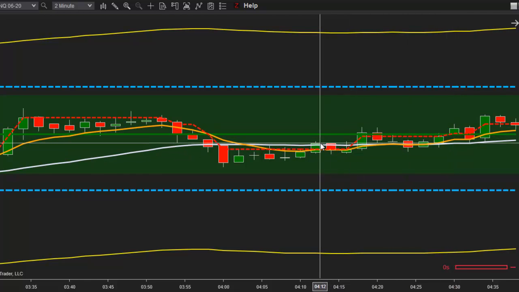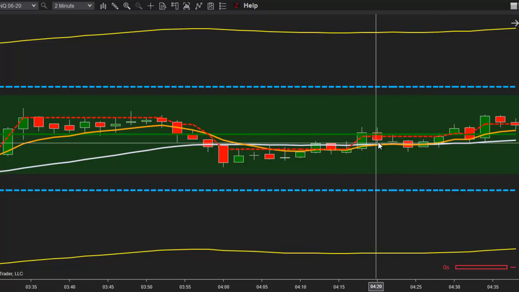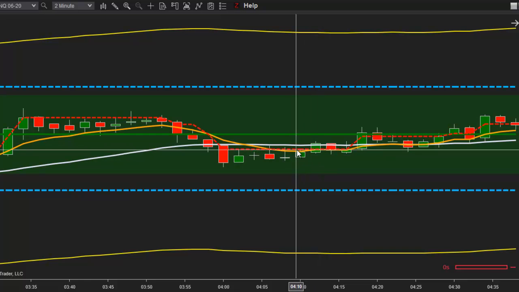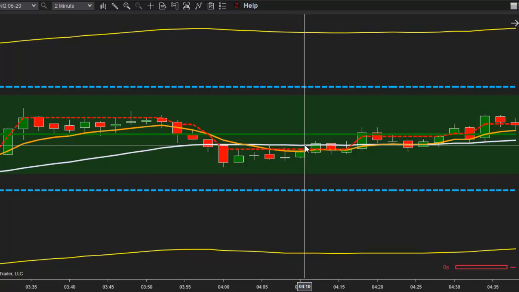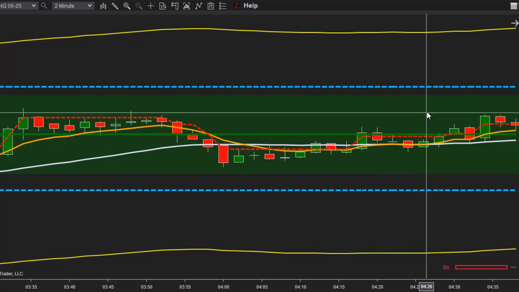So if I sold it here, I still had a chance to get a few ticks if I was going with the middle line. But if I was comparing the rate with yellow, or I mean orange, that's the 8, or the hold, I would have to be out here, or wait for some signal to manage my average price.